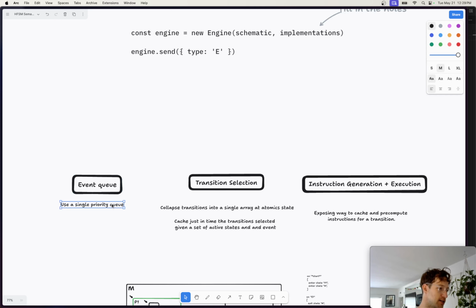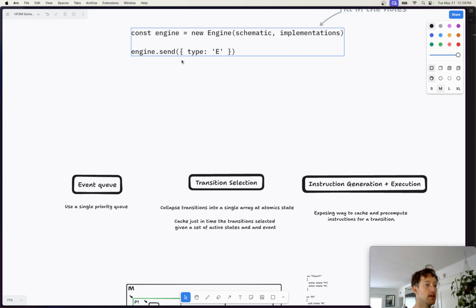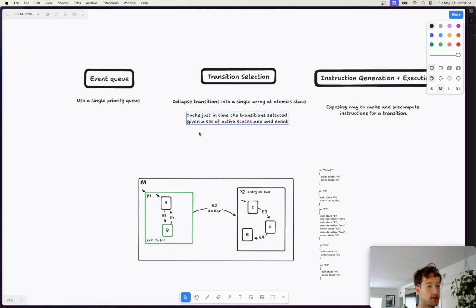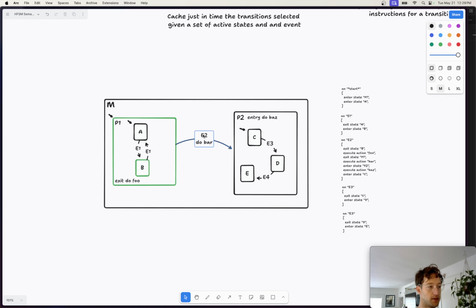We'll talk about that in a second. Secondly, let's say someone sends an event to the state machine. We need to figure out what transitions to select. And then once we know those transitions, we're going to follow the arrow and trace out a set of instructions for the state chart to execute. Let's walk through an example of what that looks like.